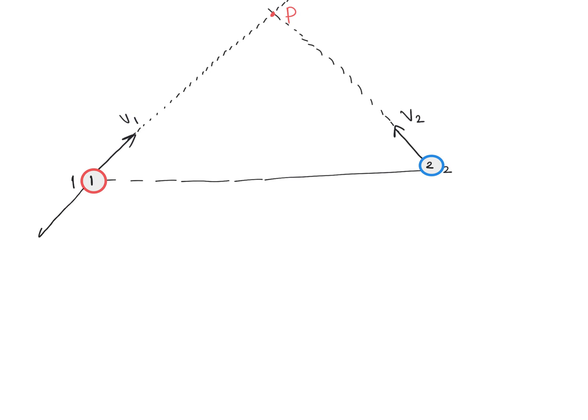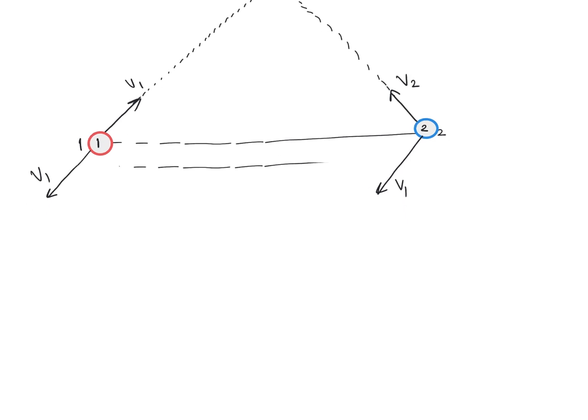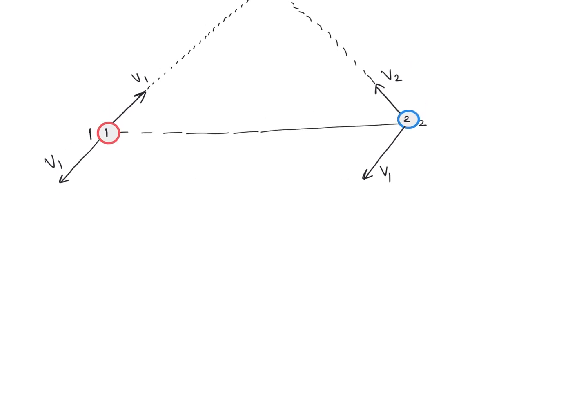That means we reduce the velocity of the first particle by v1, and we also reduce the velocity of the second particle by v1. That is known as the velocity of 2 with respect to 1, velocity of 2 minus velocity of 1. Over here you can observe that the first particle becomes rest, and we can find out the relative velocity of the second particle with respect to the first particle.